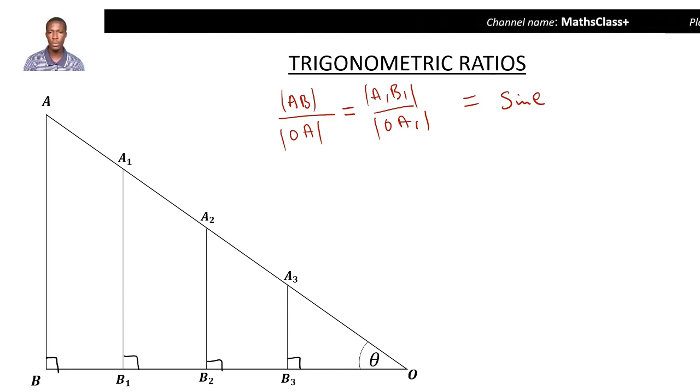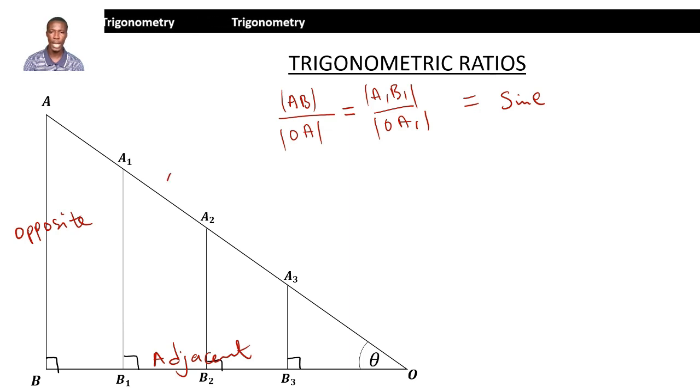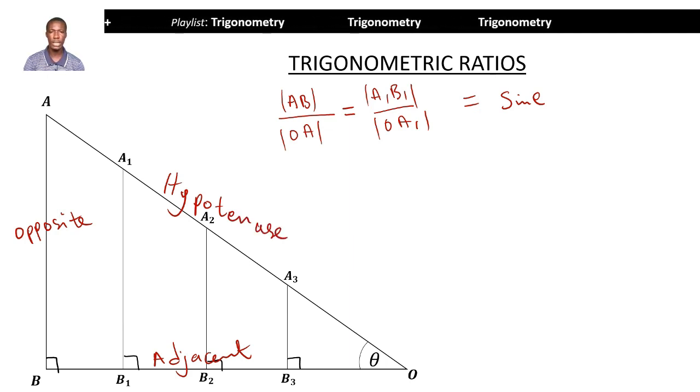Now I will label here as the opposite side. And then this side as the adjacent side. And then I have my hypotenuse, which is the longest side. Okay. Now the second one is I will take the adjacent side divided by the hypotenuse.